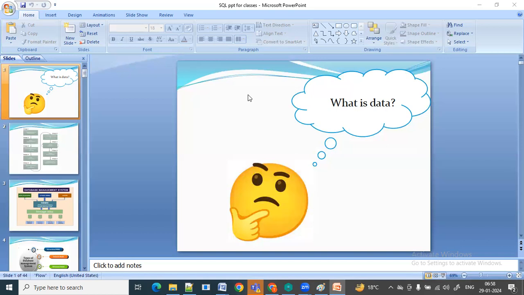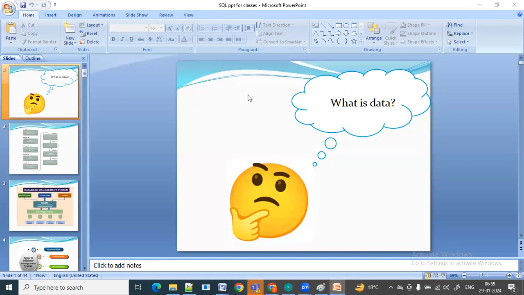Any living and non-living thing that has existence in this world is nothing but an object. That is my own definition. Correct? Information about any object is nothing but data.